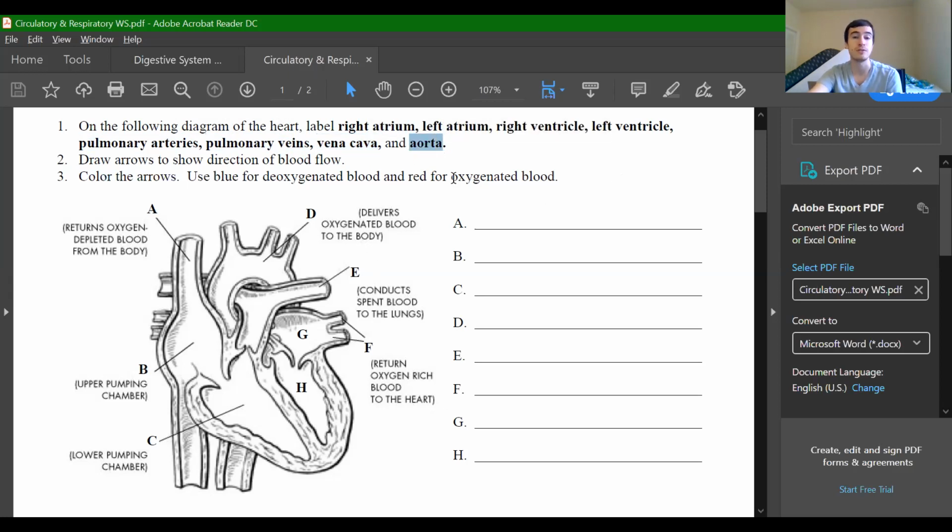So you should need to use each one of these labels up here only once. So each one of these letters corresponds with one of these labels. So remember, make sure that you can recognize and follow how the blood moves through the heart and what's happening at the different parts.